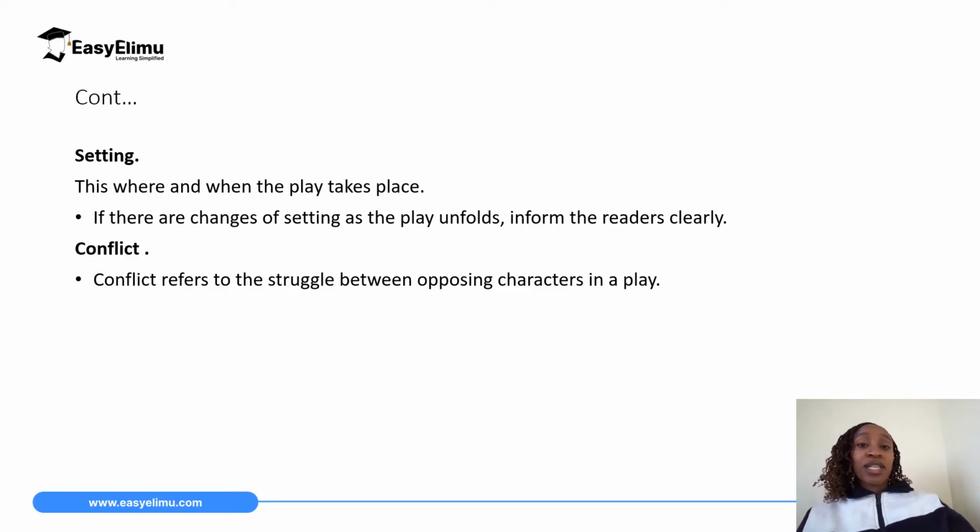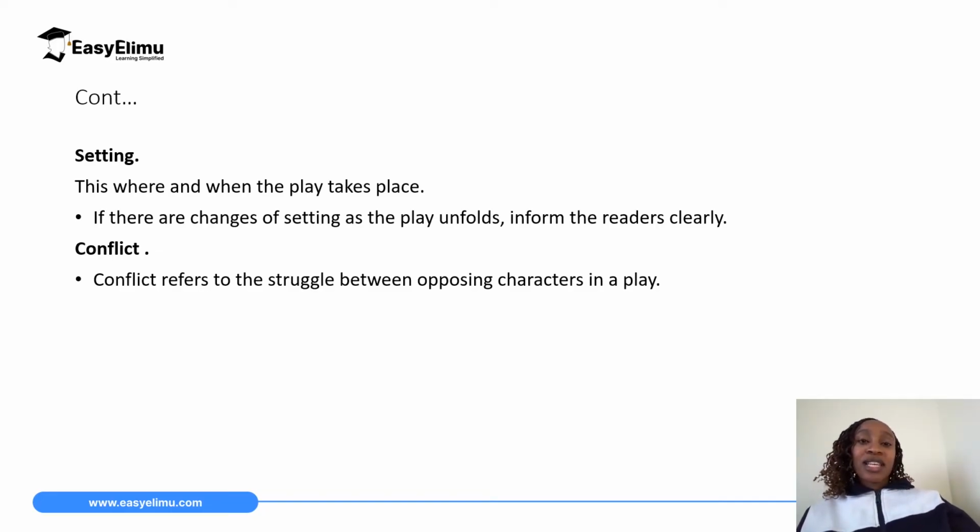Setting in terms of place is where are these things happening? Where are these events happening? Is it in Kenya? Is it outside Kenya? Is it Nairobi? The particular place. And so if you're writing a play and you want your play to have different settings. For example, you want scene 1 to be in an office. You want scene 2 to be outside in the field.